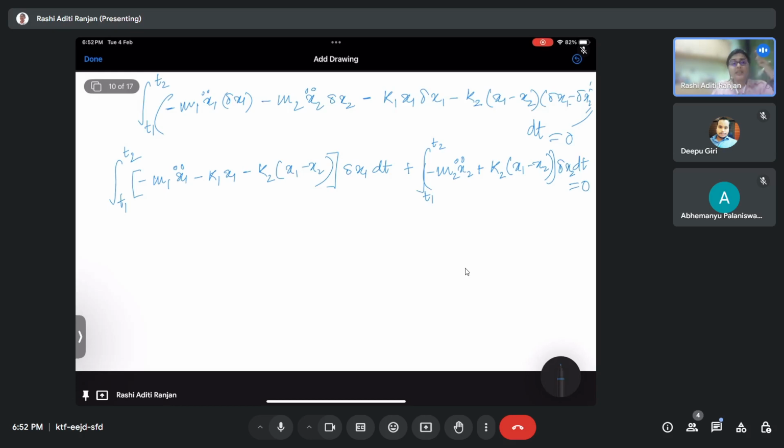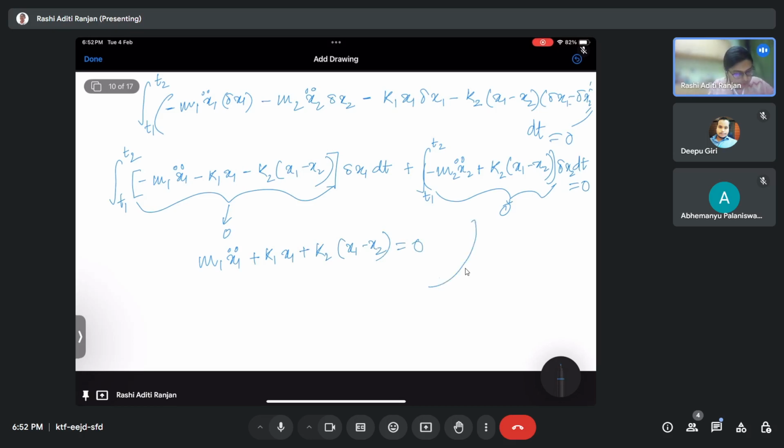But the integration is equal to 0, which means that this term is 0 and this term is 0. So if I equate it to 0, what am I going to get? m1 x1 double dot plus k1 x1 is equal to 0.